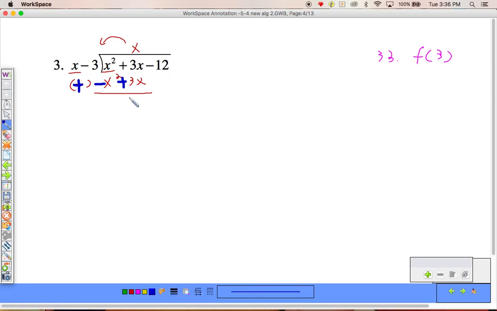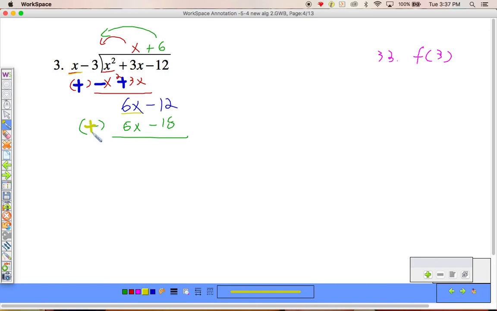So I'm going to add the opposite. Cancels. I get a 6x. Bring down my minus 12. We'll start over. What times x is 6x? And I'm going to say, oh, that's a plus 6. Distribute. 6x minus 18. And then I'm going to subtract.